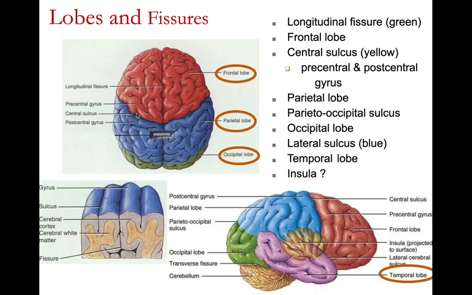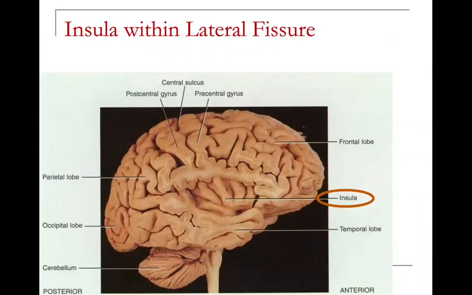You've got the precentral and postcentral gyrus in front of it and behind it. The parieto-occipital sulcus back here. Then you've got your occipital lobe in the back, and the lateral sulcus in blue. The temporal lobe is way down here. The insula you cannot see on here. Oh, here we go with the lines. Now you can see where the insula is deeper in the brain.